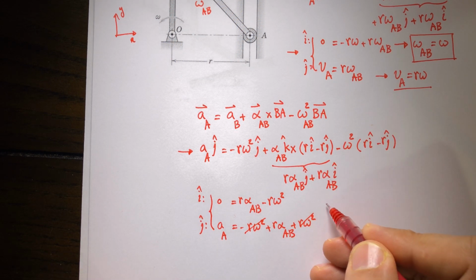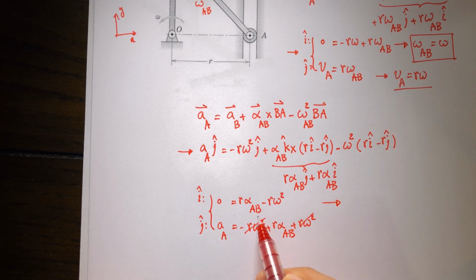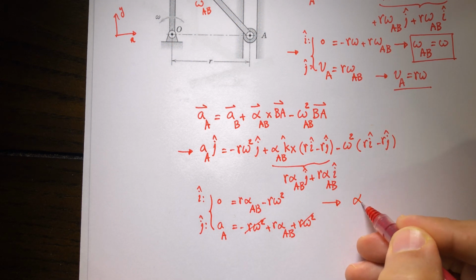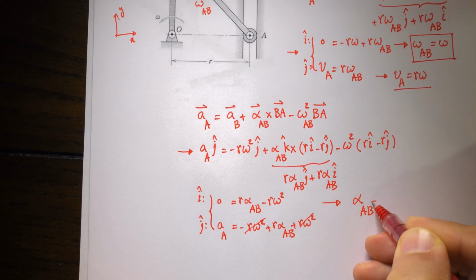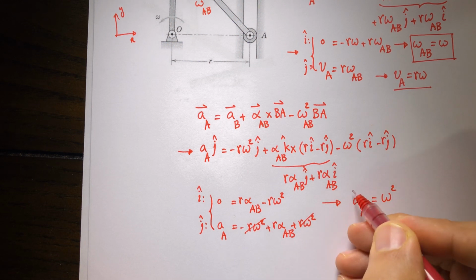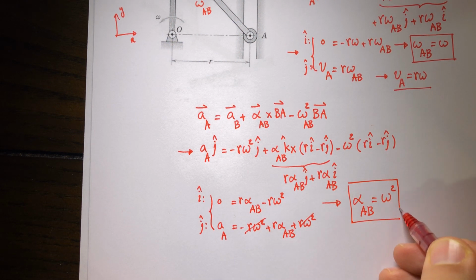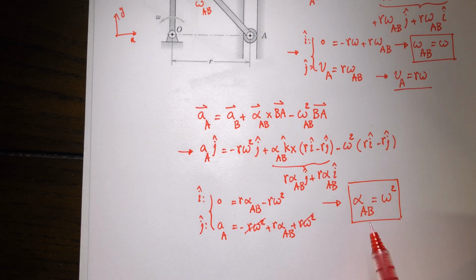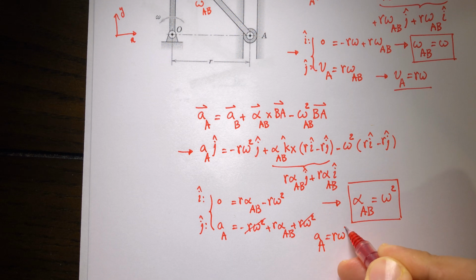From the first equation, we can find alpha, which we were looking for. Alpha AB is going to be equal to omega squared. So we are done with this problem. We found alpha of that link. But if you want to find acceleration of A, which is not in the problem, it is equal to r times alpha AB, which is equal to omega squared. So it's going to be r times omega squared.